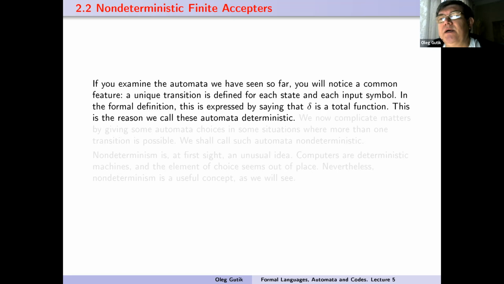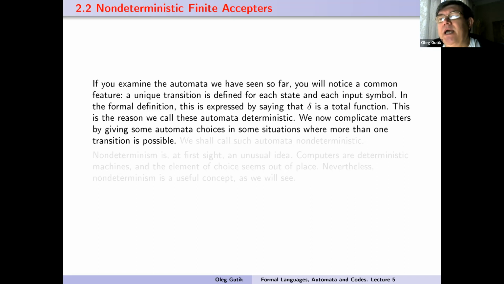This is the reason we call these automata deterministic. We now complicate matters by giving some automata a choice in some situations where more than one transition is possible. We shall call such automata non-deterministic.